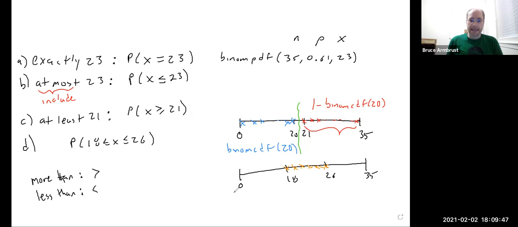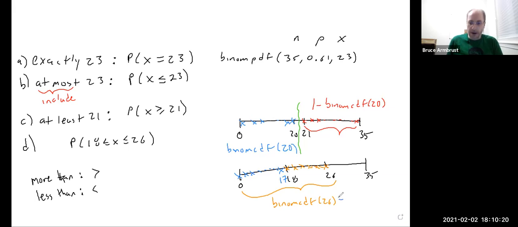If I did the binomial CDF of 26, that's going to give me all of these, because we're going to go 0 up to 26. But that's way more than I want. I want to get rid of 0, 1, 2, 3, all the way up to this last guy, which is 17.